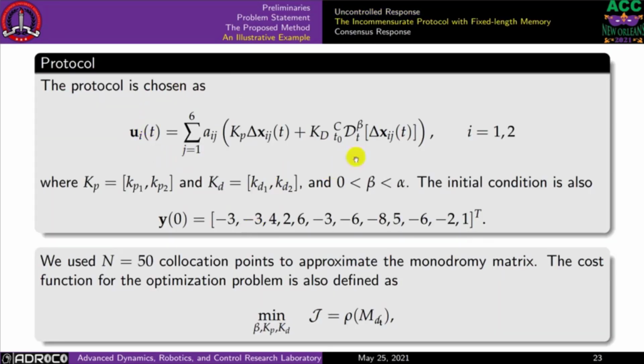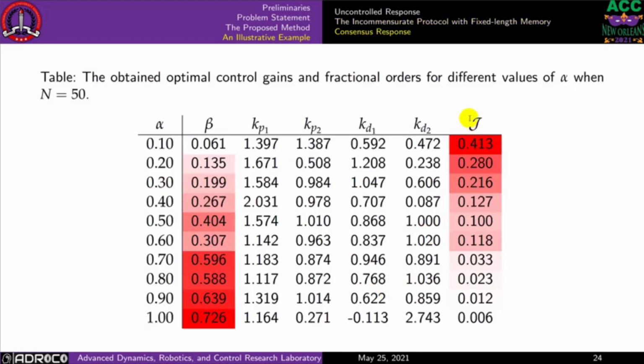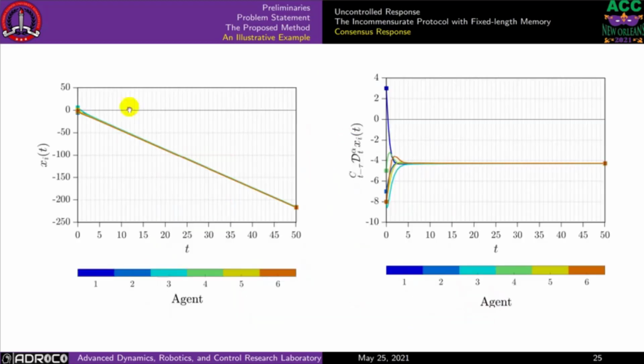But if we choose the controller as a PD type, as we mentioned before, following the idea that we would like to minimize the spectral radius of the monodromy matrix and force it inside the unit circle, we can show that using nonlinear programming, the spectral radius can be less than 1. Also, for the optimal value, it is necessary that beta should be free and not equal to 1, and that's one of the advantages of our method. Eventually, you can see that the solution reaches consensus, and all these states reach the same value over time.